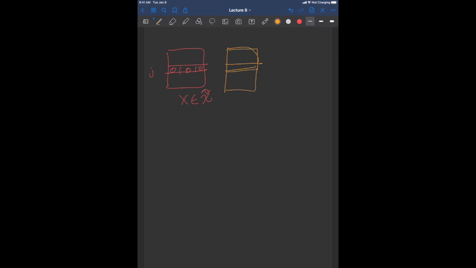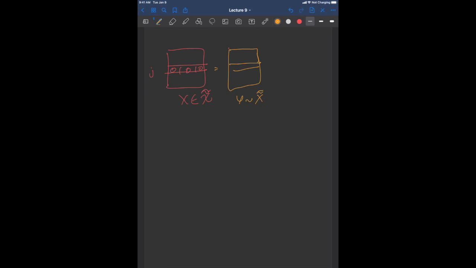So what if y is sampled uniformly at random from x tilde tilde, what's the probability it will have the same row? Sorry, 0 1 0. Yeah, these two rows are the same. So what's the probability of that?